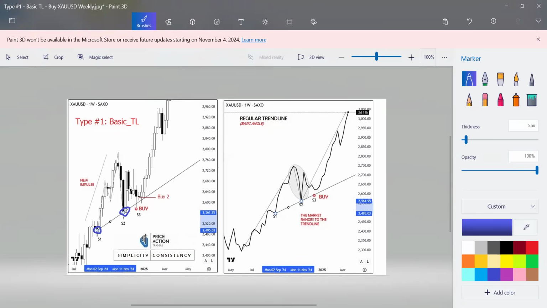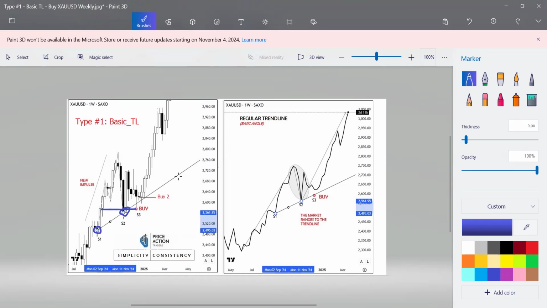Then the third point comes in here, rejects the price level, rejects the SnR, and then closes above the trend line. Immediately at the close, that is a snapper entry. Someone buys into it. That is the basic for buy.